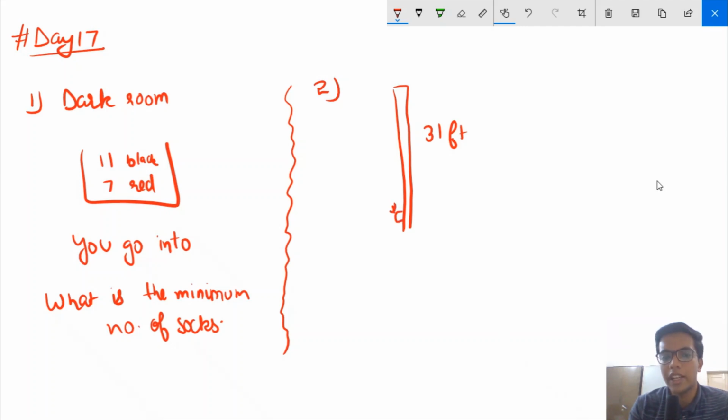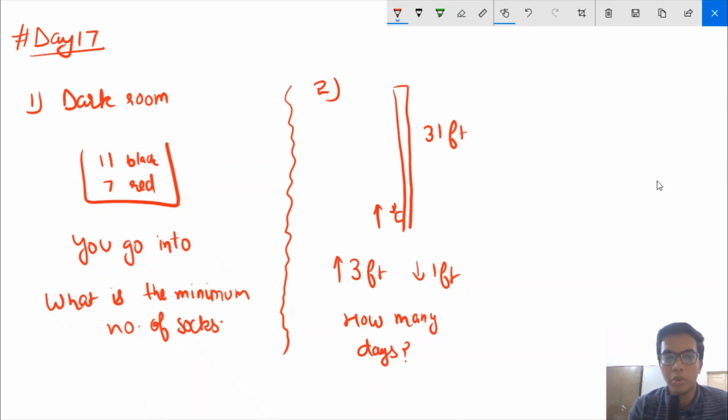And that snail is climbing over the pole, and so snail है बेचारा, slow है, so that snail is climbing 3 feet daily. रात में सो जाता है, and it falls down 1 feet daily. So you have to tell me how many days will it take to reach the top? Okay, so this is the second part.